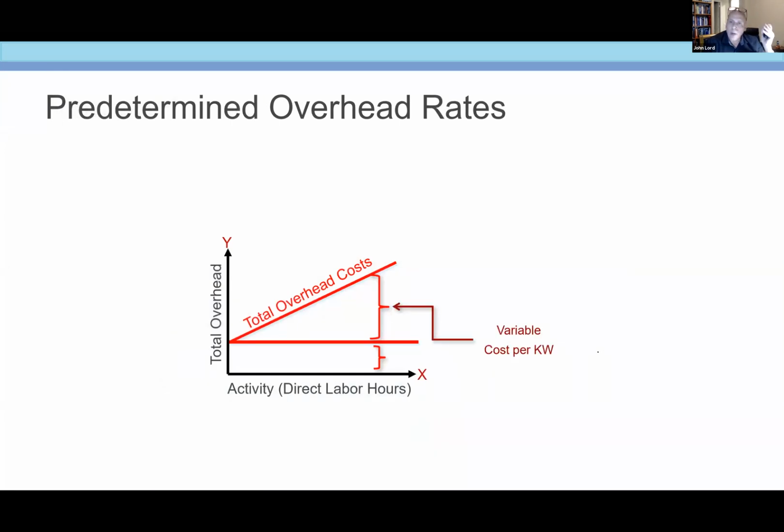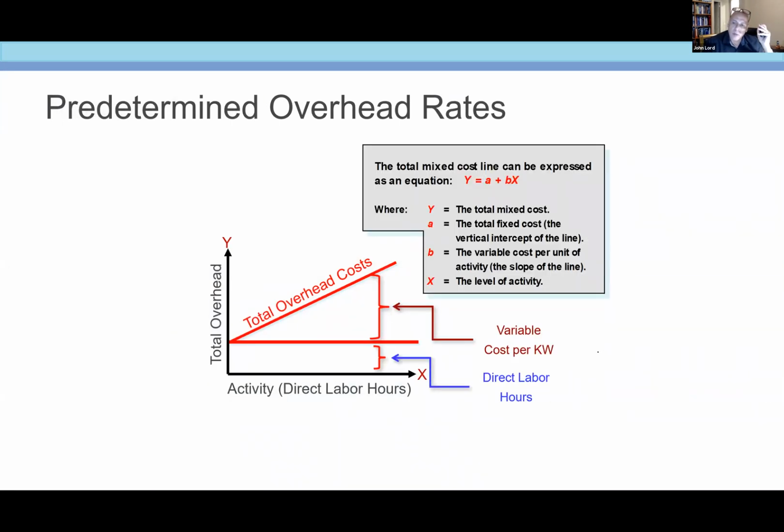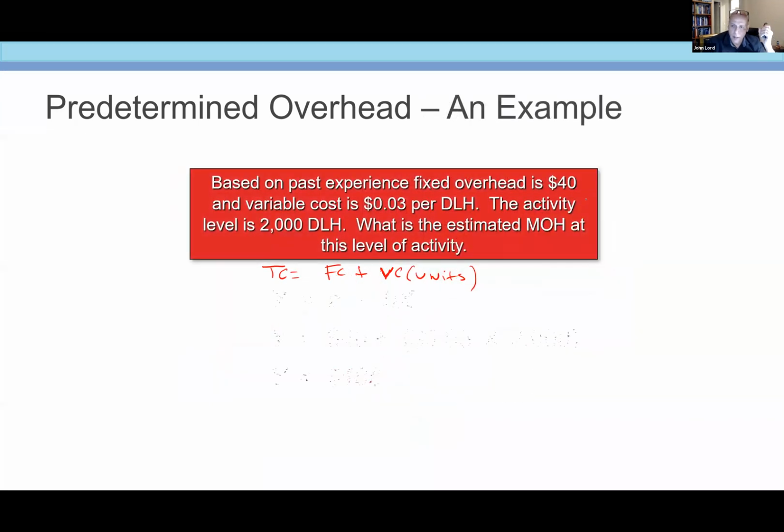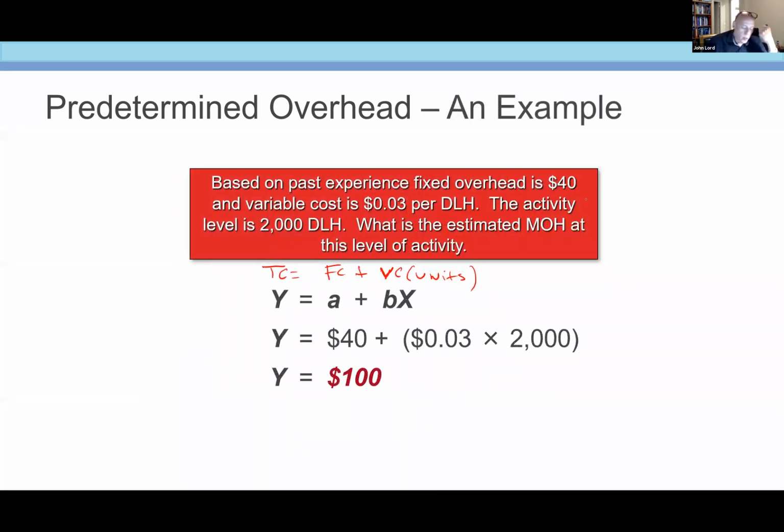Now, how do you come up with the predetermined overhead rate? Remember, we talked last time that you could get fancy and use something like regression analysis. We messed around a little bit with a method called the high-low method, and that will help you come up with a formula that will help you predict what you think your overhead is going to be.